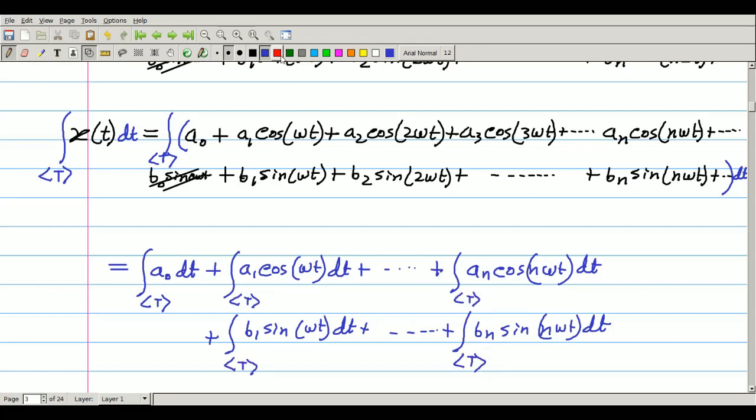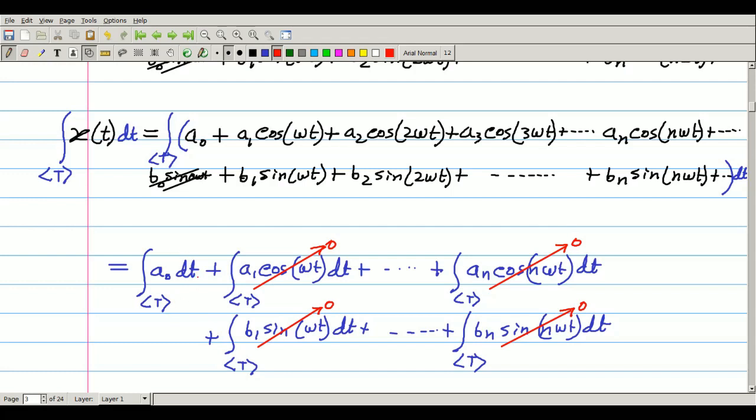Now you observe that among all these terms in the right hand side, most of them are 0. For example, integration of cosine omega t is 0 over a complete cycle. Integration of cosine n omega t is also 0. Similarly, sine omega t or sine n omega t gives also 0 when integrated over a complete cycle.